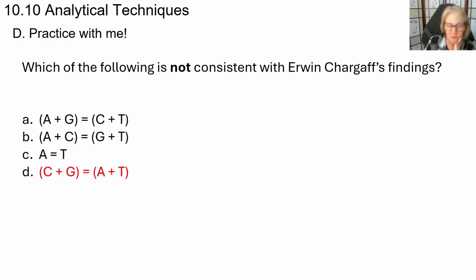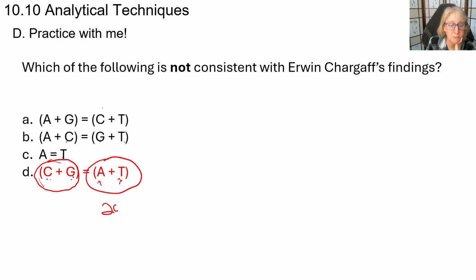He knew that purines and pyrimidines were found in the same amounts. He knew that A and T and C and G were found in the same amounts. A and T are found in amounts equal to each other, but it doesn't mean that this purine-pyrimidine combo is the same frequency as the other purine-pyrimidine combo.